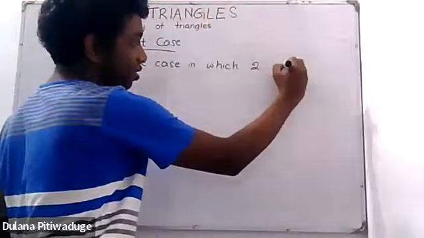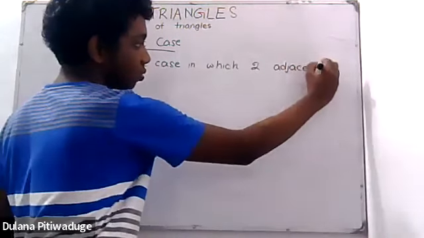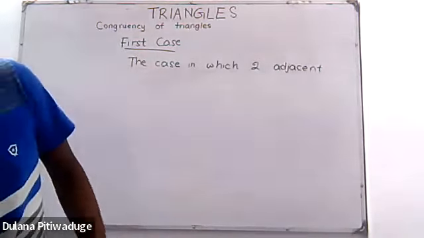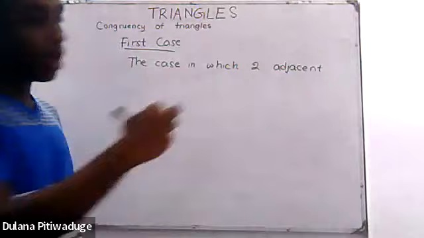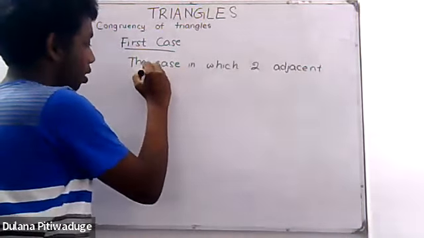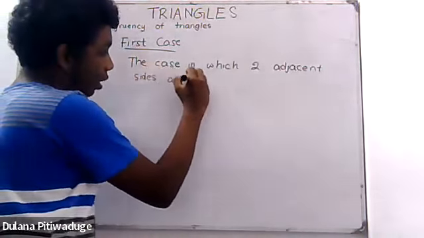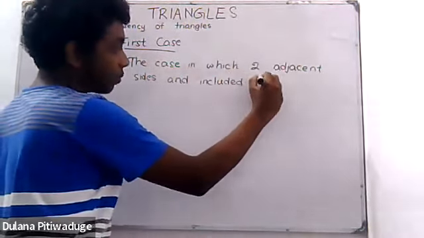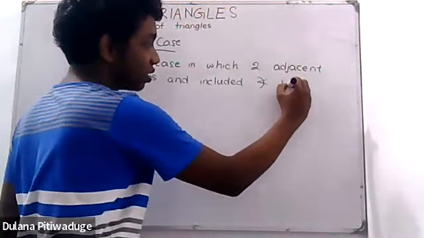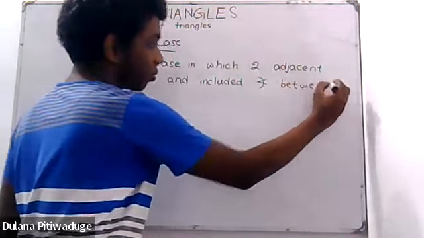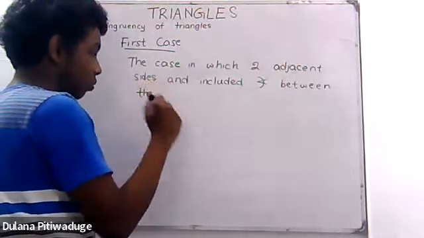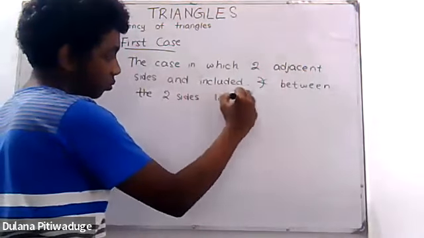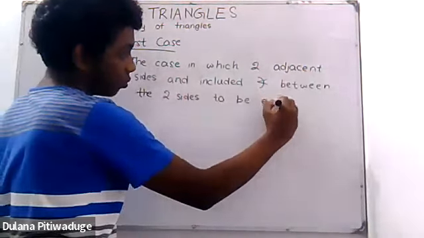The first case is the case in which two adjacent sides and the included angle between those sides are equal.